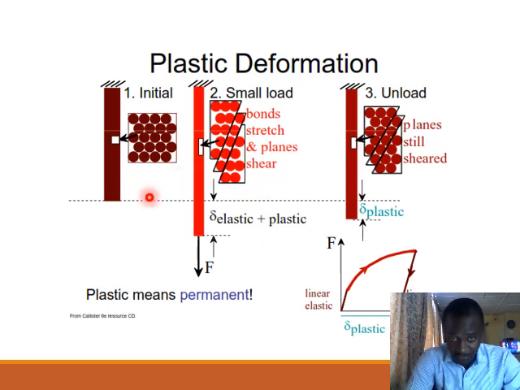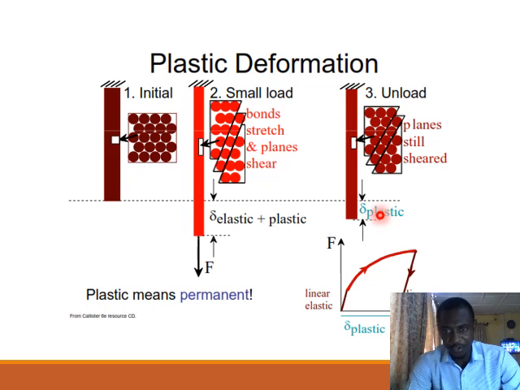Using the same schematic to explain it, you have the atomic arrangement like this initially. So you apply a load. If you apply a load only within the range that gives an elastic deformation, it will return. But if you go beyond elastic deformation, which means that you applied excess load that allows it to deform plastically, you have both a plastic and elastic deformation. Upon withdrawal of this load, the elastic part that has deformed will be recovered, but the plastic part will not be recovered.